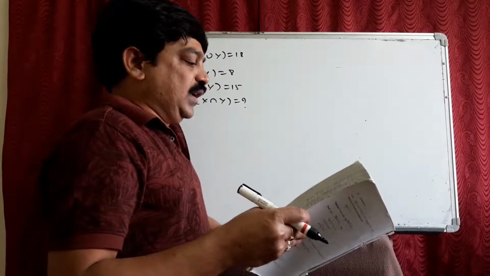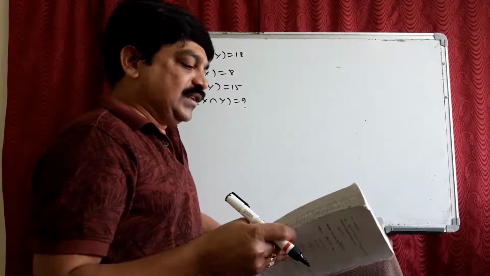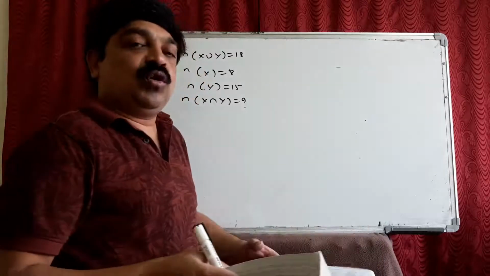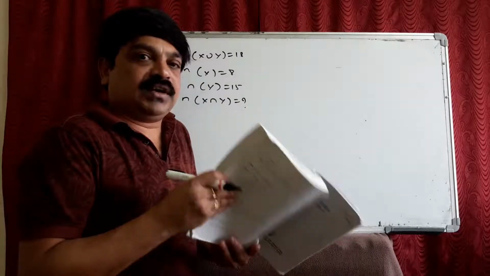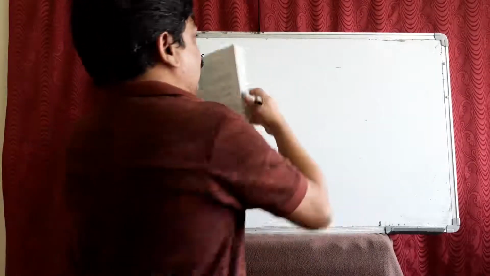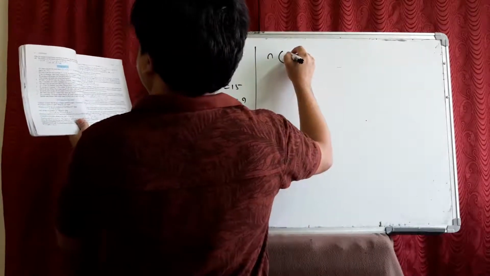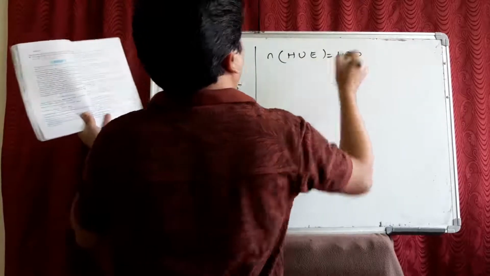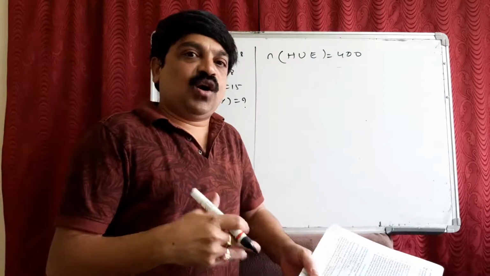Third problem: in a group of 400 people, 250 can speak Hindi, 200 can speak English. How many people can speak both Hindi and English? In a group of 400 people, it is given, no? So 400 people will talk definitely. When they talk, we take Hindi as H, English as E. All the 400 people we have to take as H union E because they talk something, either Hindi or English.